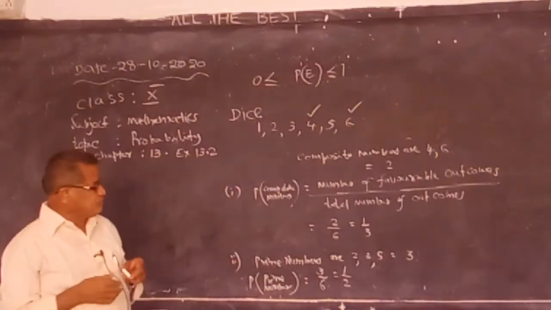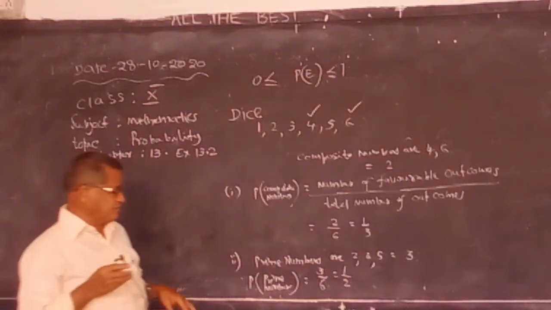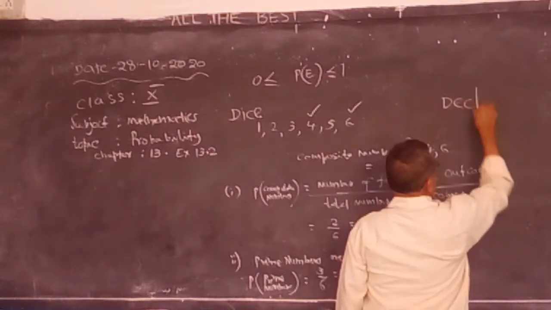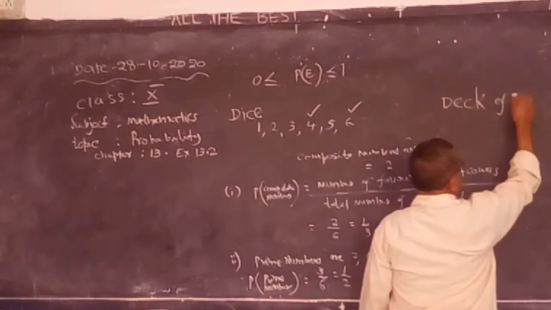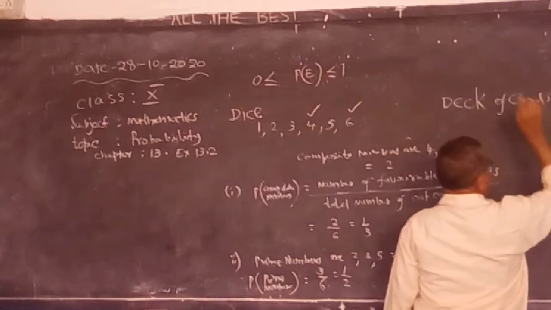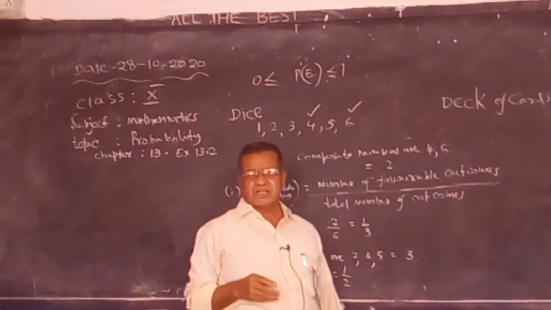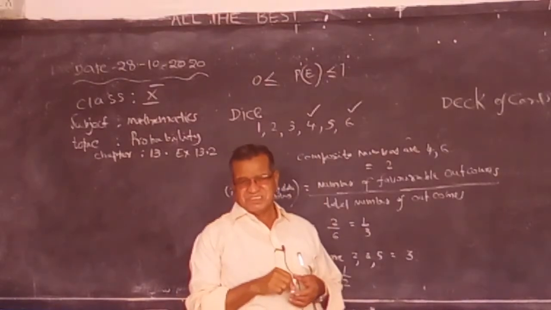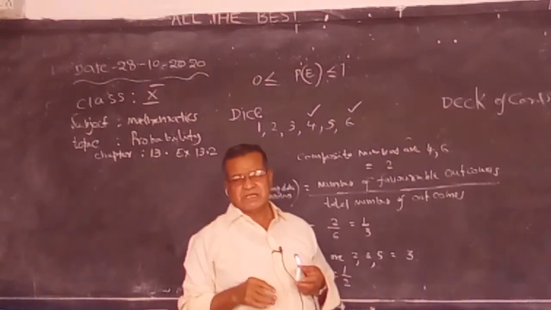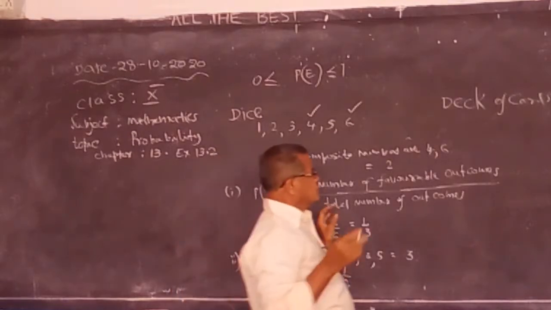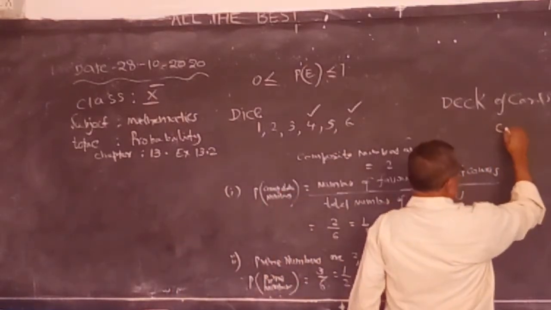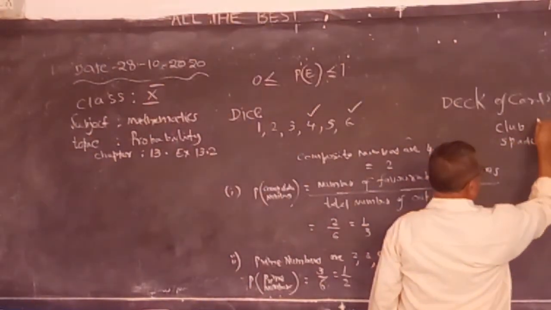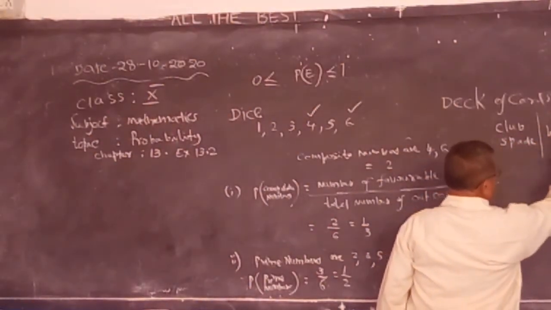After that, about deck of cards. Yesterday I explained about these cards. Deck of cards. The total number of cards in the pack is 52. In them there are club and spade, which are black color.